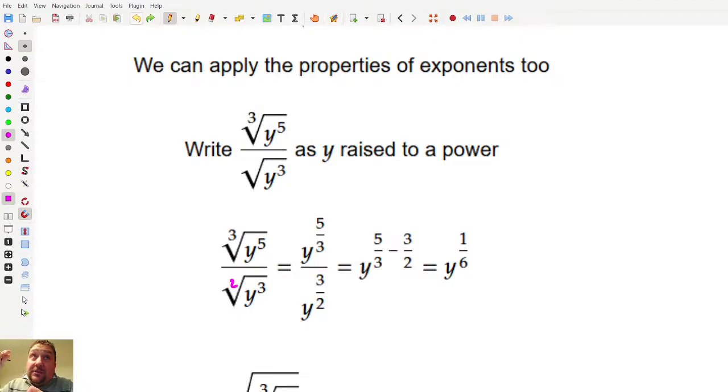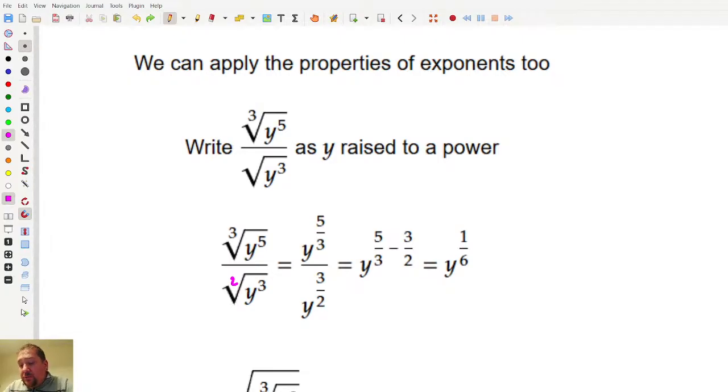Now, property of exponents state that if we have the same base being divided by each other, then we simply subtract the exponents. So 5/3 minus 3/2 becomes y to the 1/6 power. And that's your final answer.